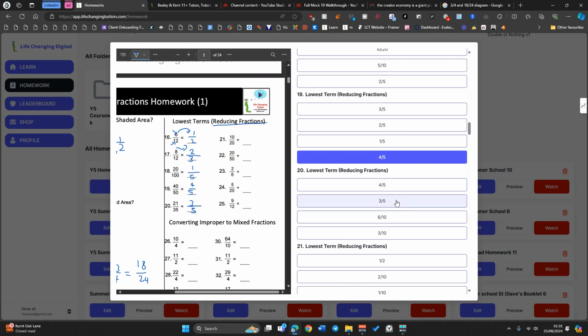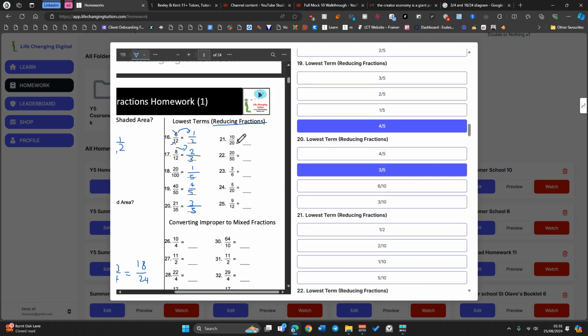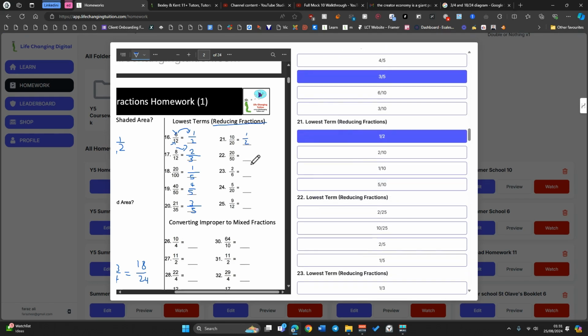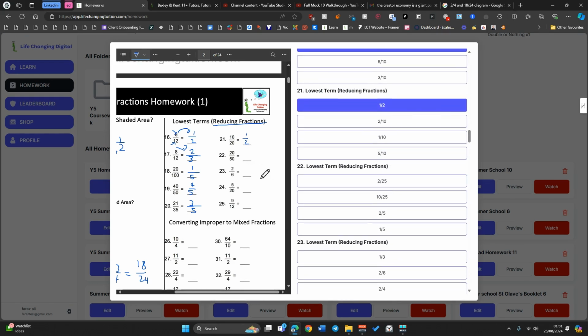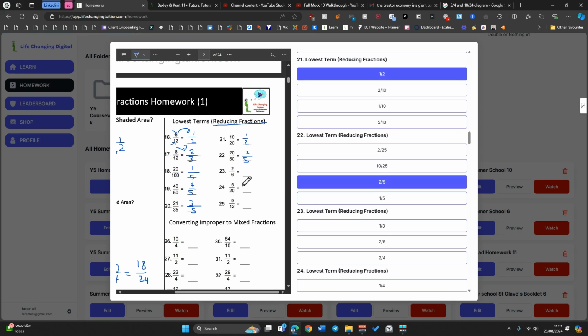So 3 over 5 is the answer here. Question 21. 10 goes into the top one once, and 10 goes into the bottom one twice, so half is the answer here. Question 22. 20 over 50. So 10 goes into both of these again. 10 goes into 20 twice, and 10 goes into 50 5 times, so 2 over 5 is the answer here.